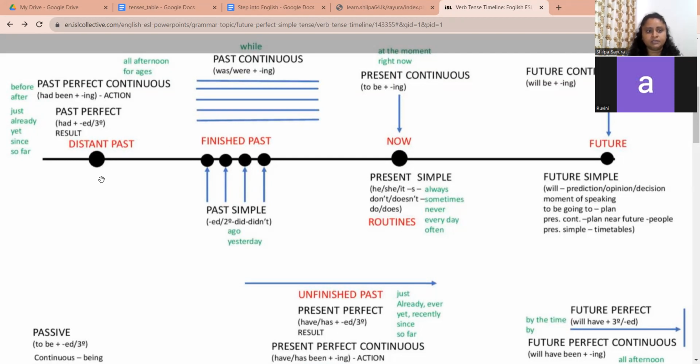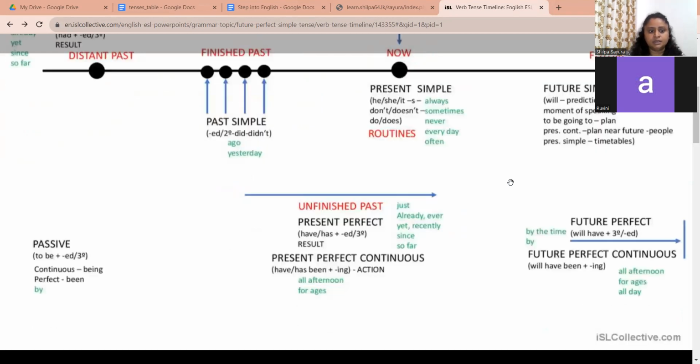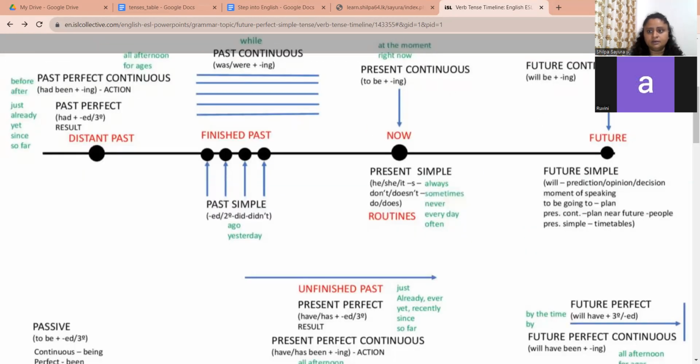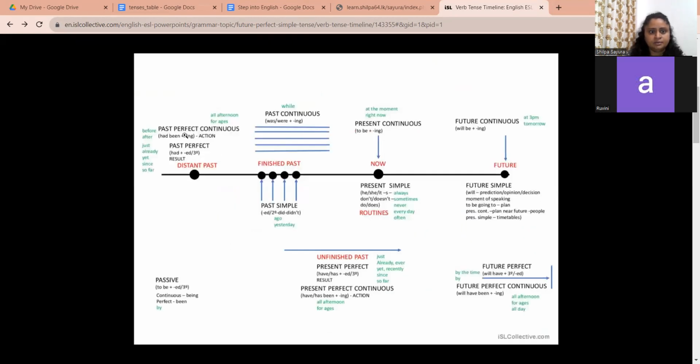And in the past, distant past, that means athatita, distant past. And in between, finished past. So that is where we use past continuous. And the distant past, again, you can see past perfect continuous, past perfect tense.